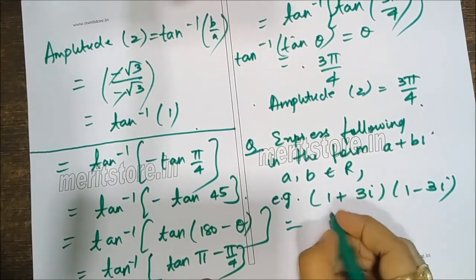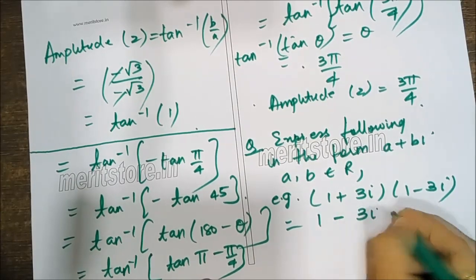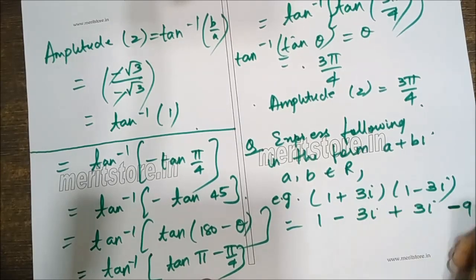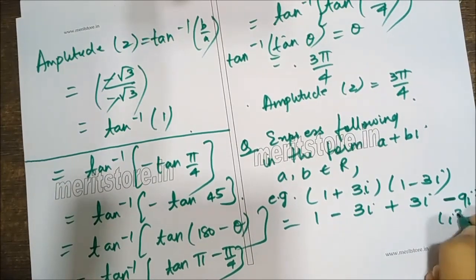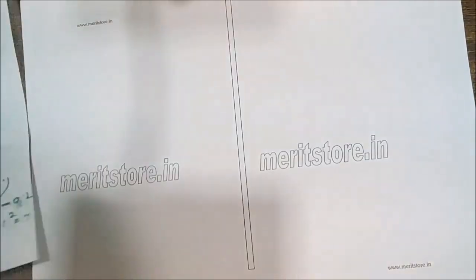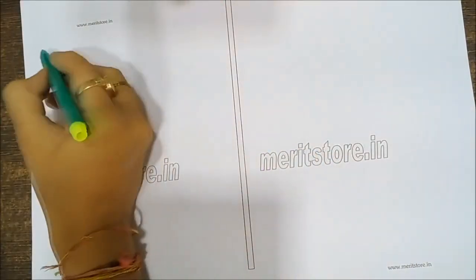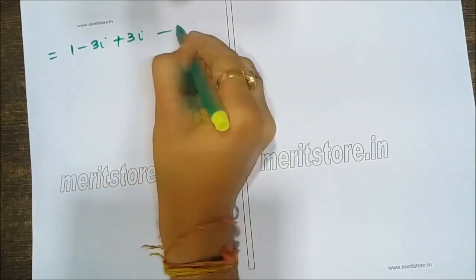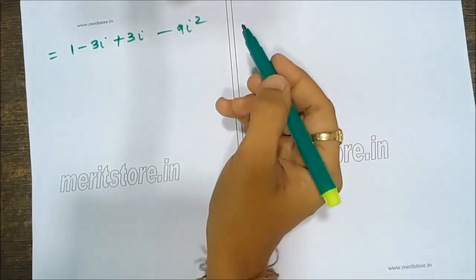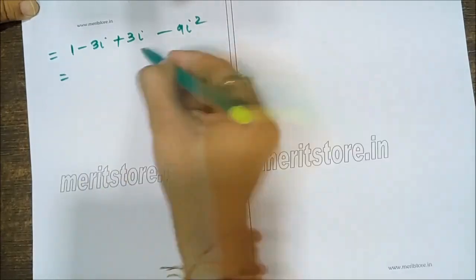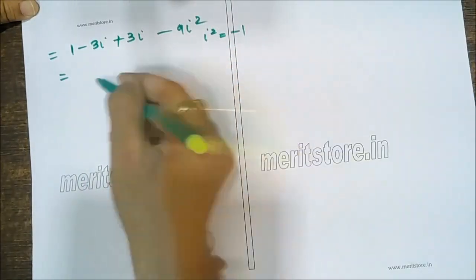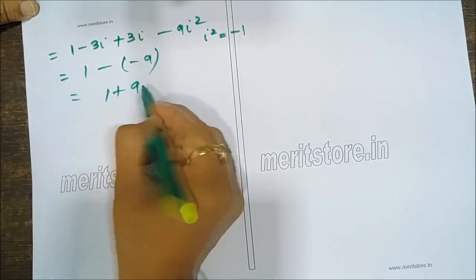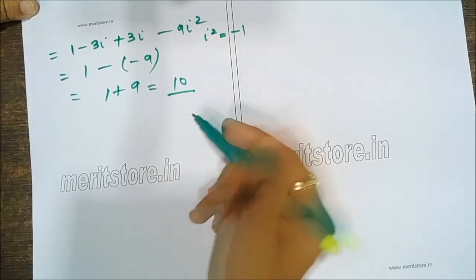You will open the bracket: 1 minus 3i plus 3i minus 3 threes are 9, i square. But i square is minus 1. So 1 minus 3i plus 3i minus 9i square. i square was minus 1. So 1 minus minus 9, that is 1 plus 9 is equal to 10.